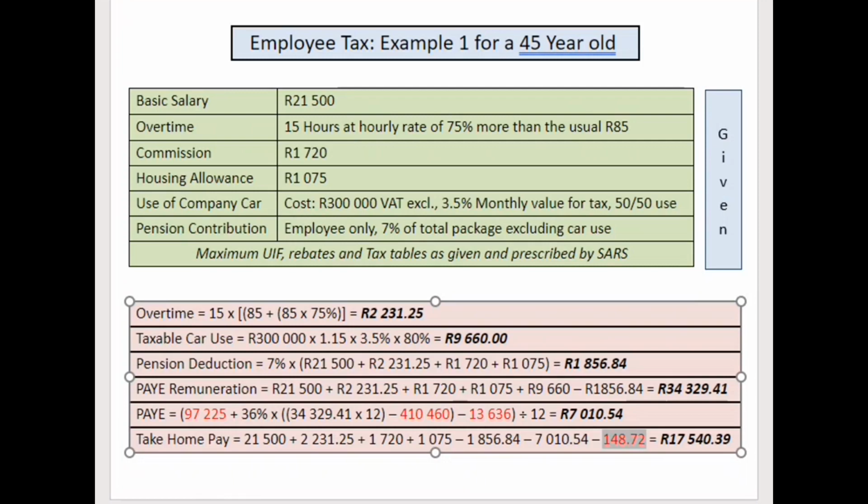Which means that if you are Mr. Stinking Rich and you pay UIF every month and your salary is 60,000 a month, when you lose your job and you go and stand in line with everybody else at UIF, they give you, oh, somebody's phoning me, sorry. Can't take it now.